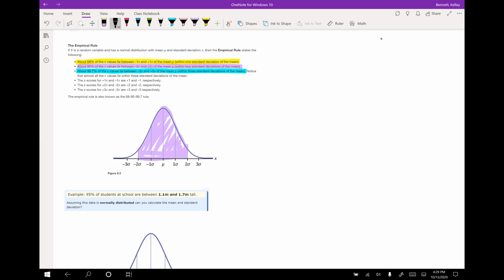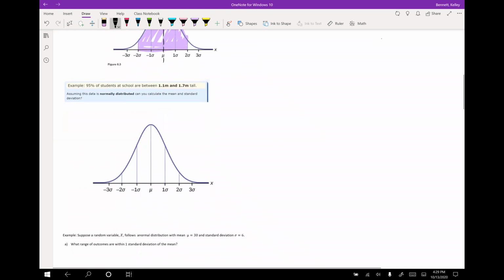And our mean is always in the middle, always, always, always. So 95% is going to give us 2 standard deviations, from here to here. And we actually know the ending values for this, right?